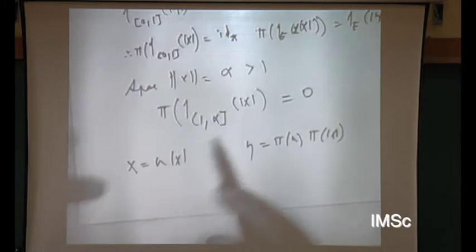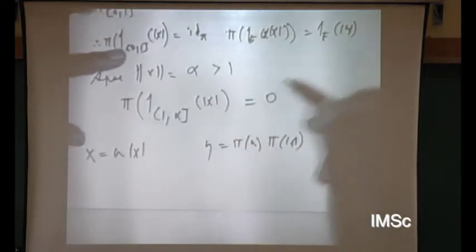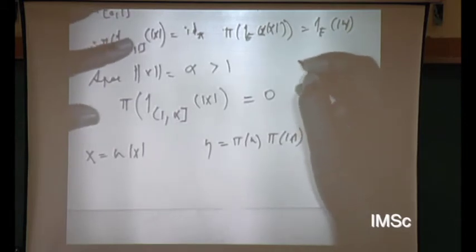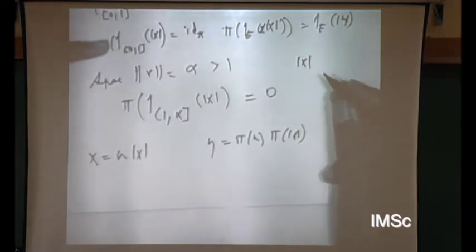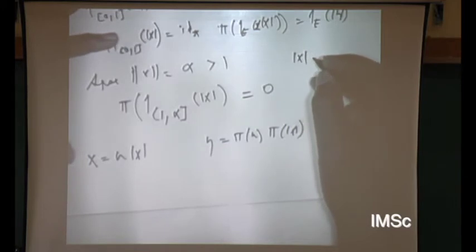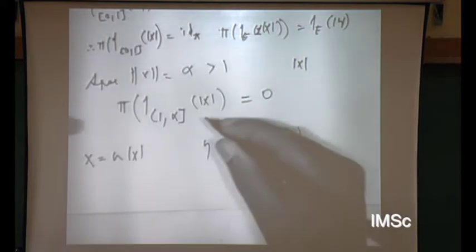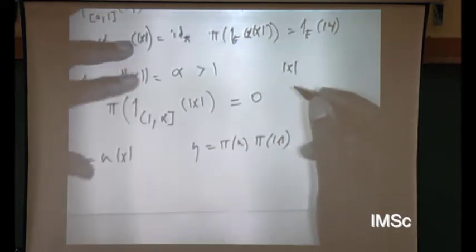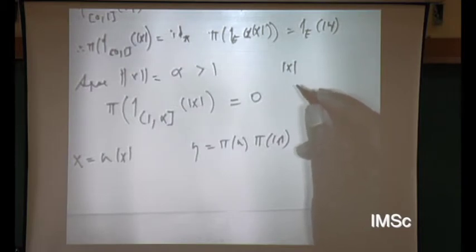But see, as far as mod x is concerned, mod x corresponds to the function t on 0 to alpha, or inside there, whatever the spectrum of mod x is.